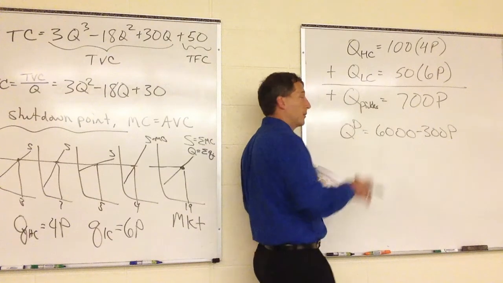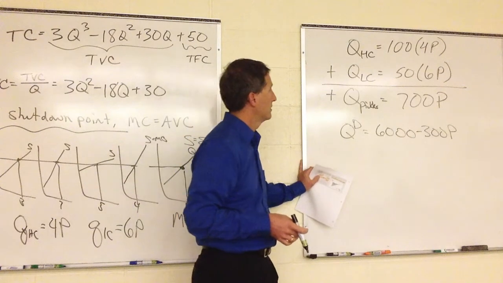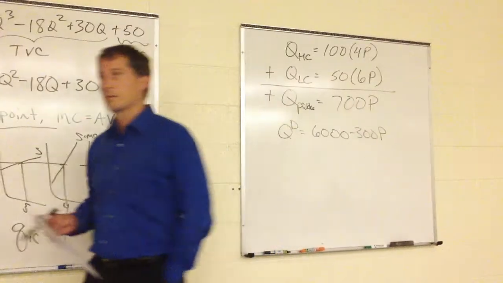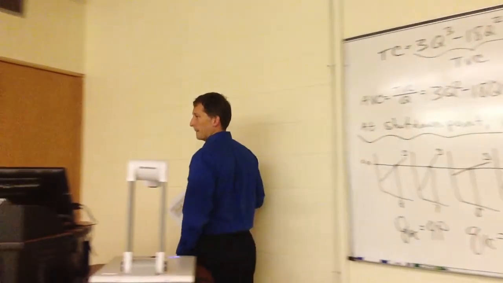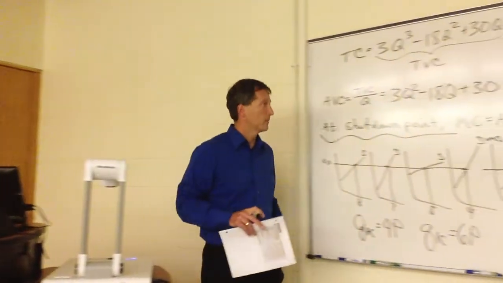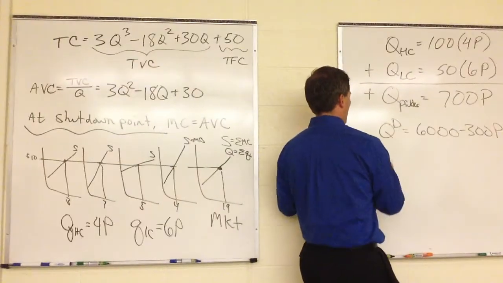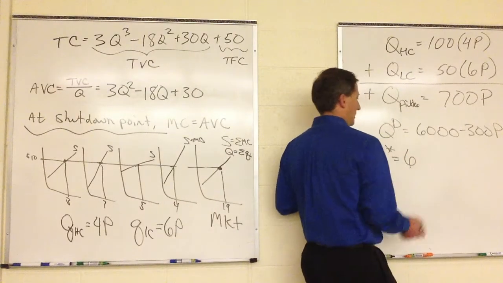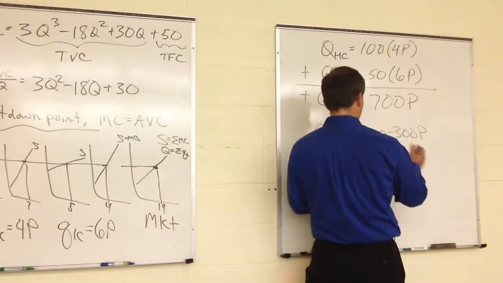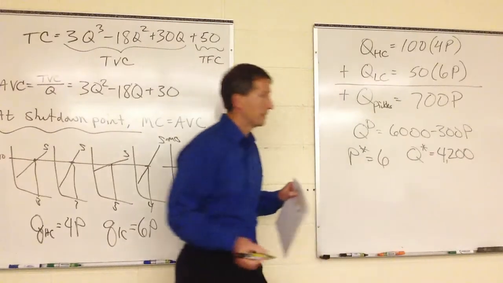And then sub p back into one of the equations. What'd you guys get for p? 6. Quantity equals 4,200, you said? That's correct.